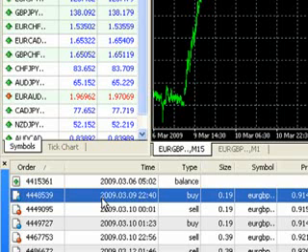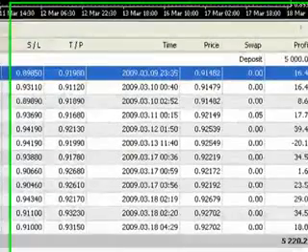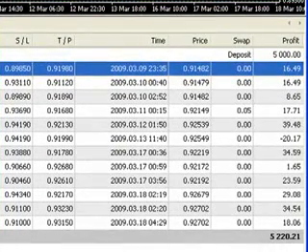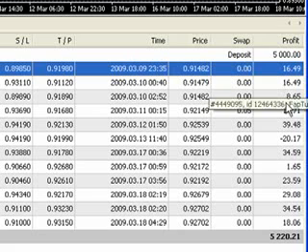Now this particular chart is set up for the Euro GBP trading on a 15-minute time frame, which is the standard setting for the scalper mode for FAP Turbo. Now what FAP Turbo does in scalper mode is it does what it might imply, and that's scalping small wins out of the market. So if you come over here to our profit column, you'll notice there's a bunch of very small profits.